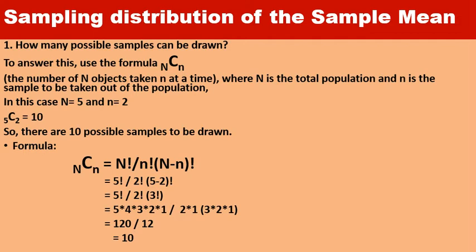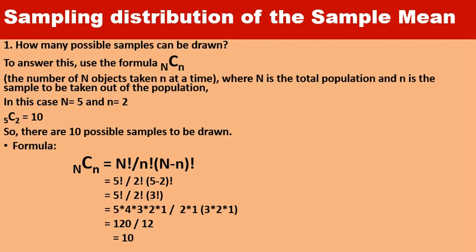So we have the population size N factorial over sample size n factorial multiplied by N minus n factorial. So 5 factorial over 2 factorial times 5 minus 2 factorial. So we got 5 factorial over 2 factorial times 3 factorial.